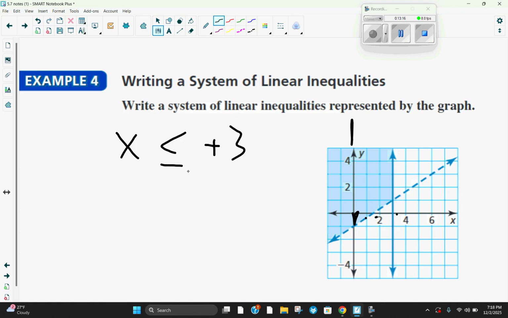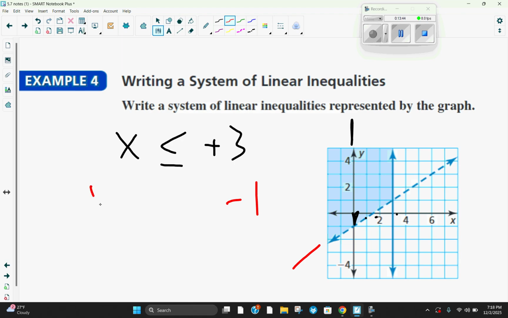Okay, so let's do the dotted line. We'll do that one in red. So that's this guy right here. The y-intercept is -1, so let's put that there. The slope looks like it is up 2 over 3, so 2/3.